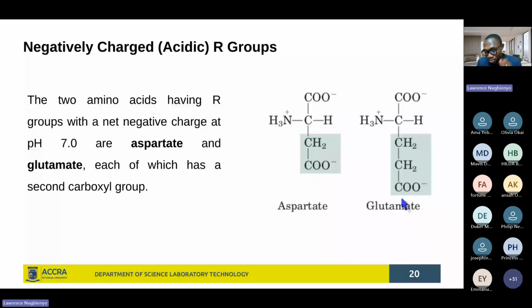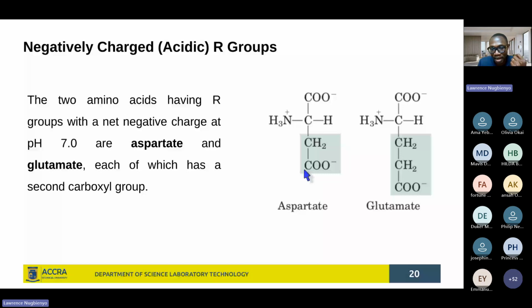So you can compare these. You see glutamate, and you compare it to glutamine, and you see glutamine is having an extra NH2 there. So there's an extra amine group in glutamine. Asparagine, you compare it to aspartic acid, and you also see that in asparagine you are having an extra amine group there.